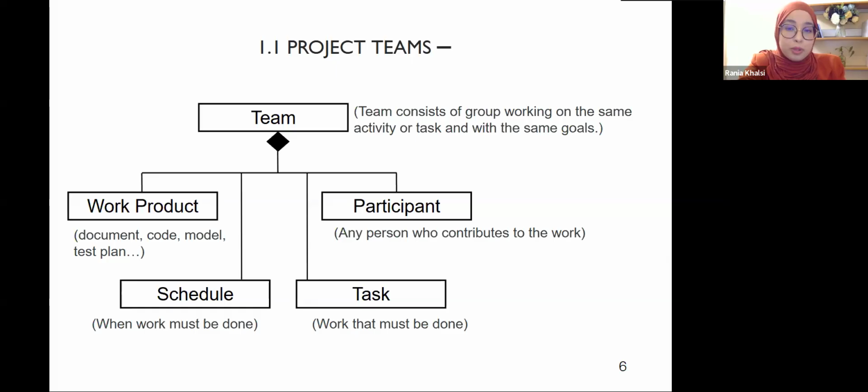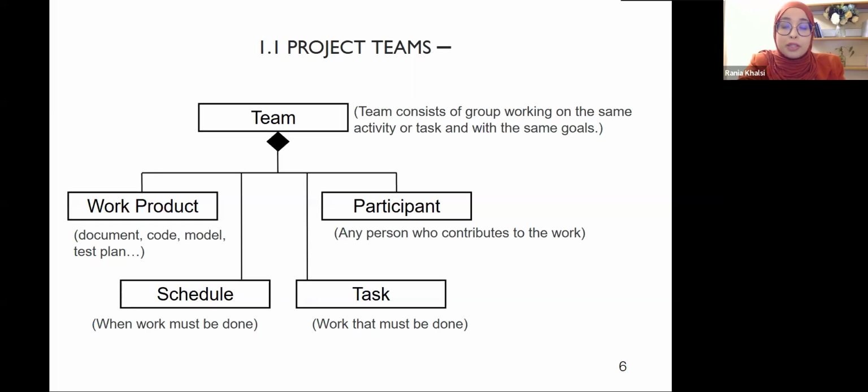They are the work products that are produced for the client. And now we also have the schedule. When working on the project, you should accomplish that with respect to the schedule. For the tasks that you are considering, you need to have some work performed by the project participant in order to create the final work product.